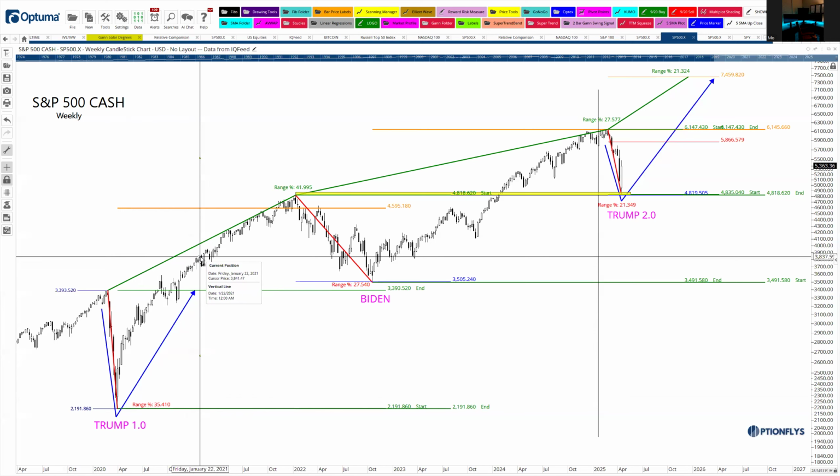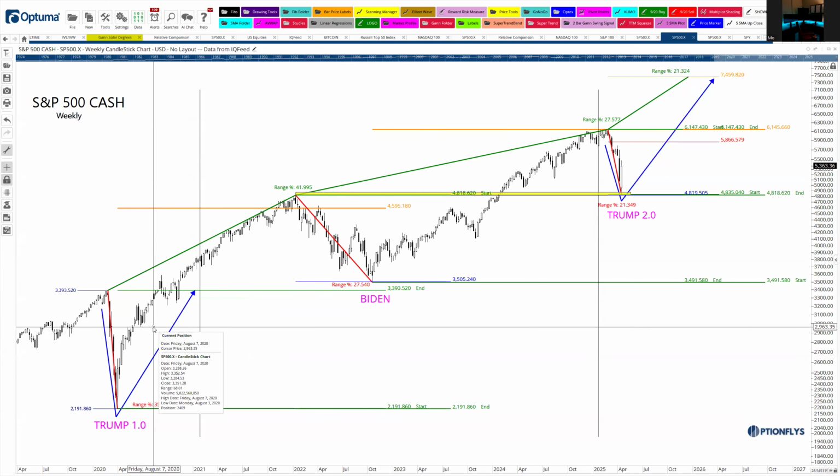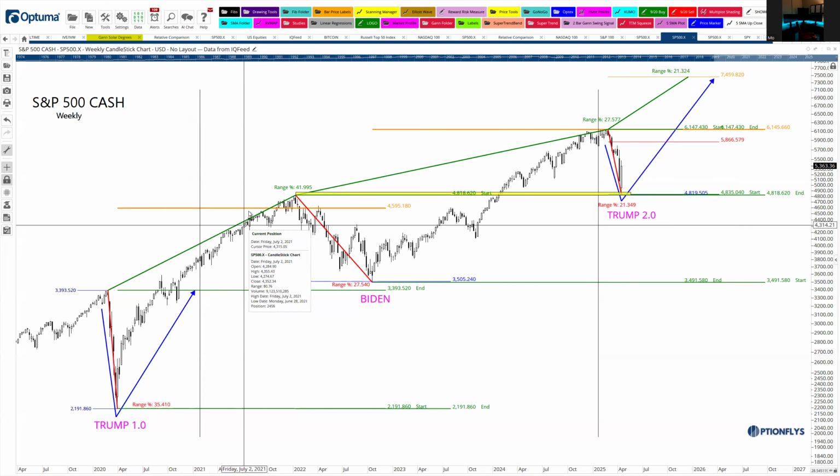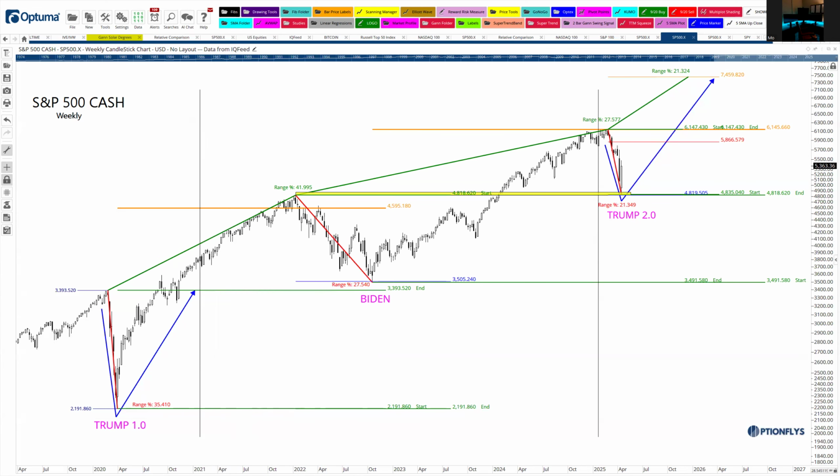Everybody was wearing masks here, remember? And then all the jobs that were lost during the COVID time started to recover here. It's all the money that he printed. This chart gives me so much information.